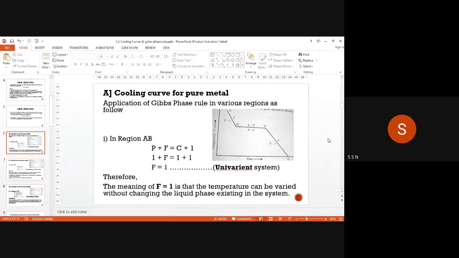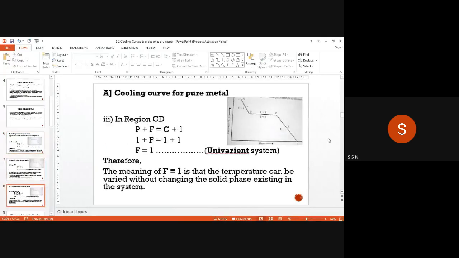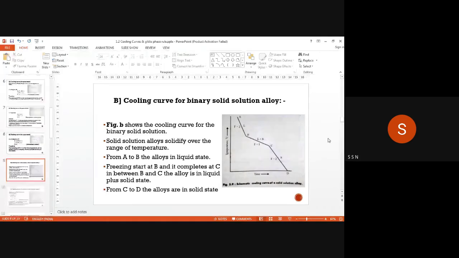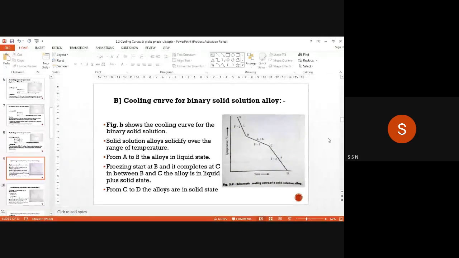Understand? Next, this is the cooling curve for pure metal. Remember, in the cooling curve for pure metal, the central middle portion BC has exactly constant temperature. Secondly, in the cooling curve for the binary solid solution alloy, there is no line having the number of phases equal to 0. That means everywhere the degrees of freedom are at least 1.